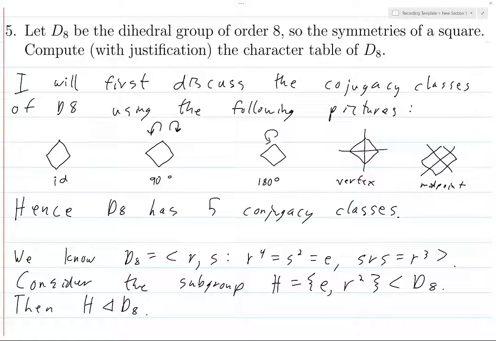So conjugating by it is just going to give you it or E, and so you should be able to argue, just because it's in its own conjugacy class, that H is a normal subgroup. So I'm just going to leave it at that. If you want more details, you can actually compute it.